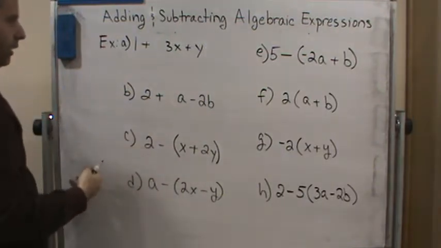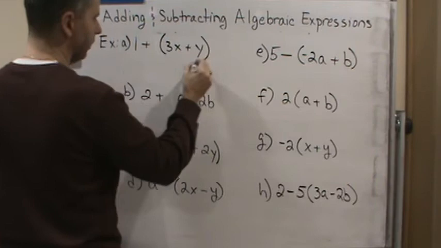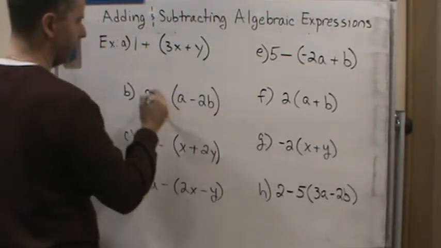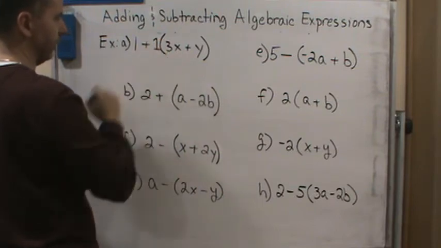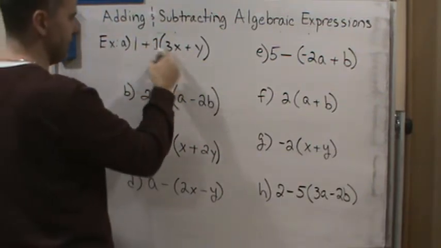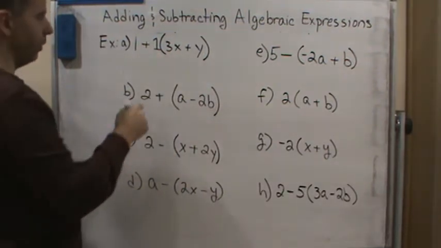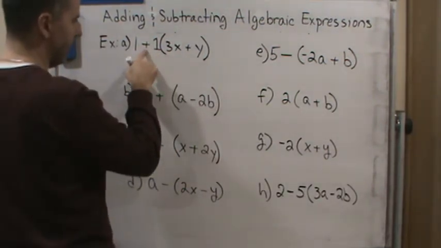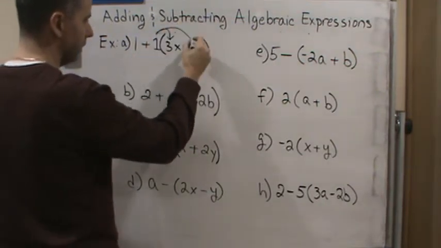And here's why, right? So if I have parentheses here, and if I imagine that there's an imaginary 1 right here, right? Because 1 times this is the same thing, right? So it doesn't matter whether I put the 1 there or not. Well, if I take this and I distribute the 1, right? Because I have to multiply across by 1.